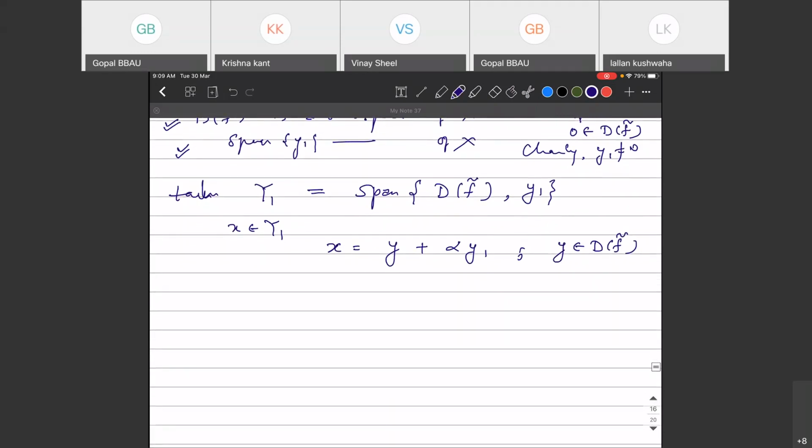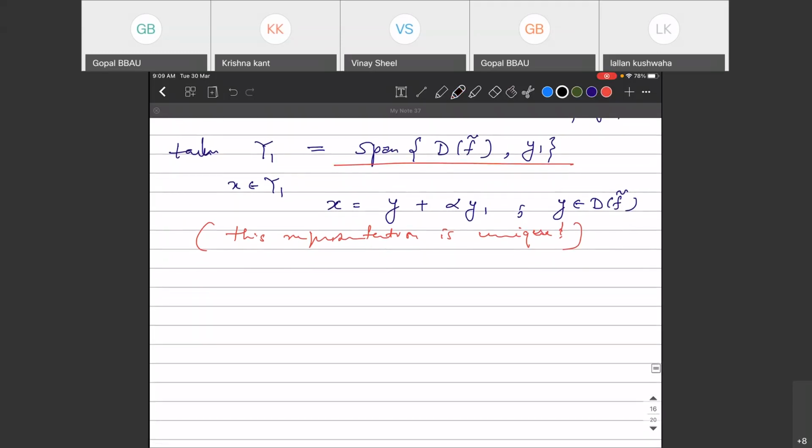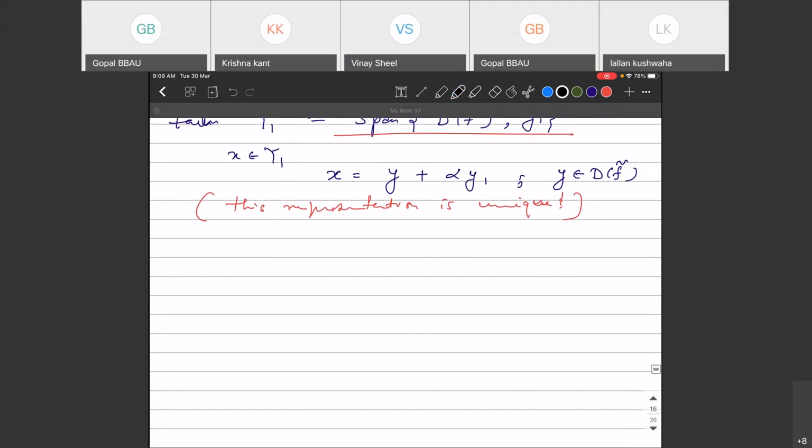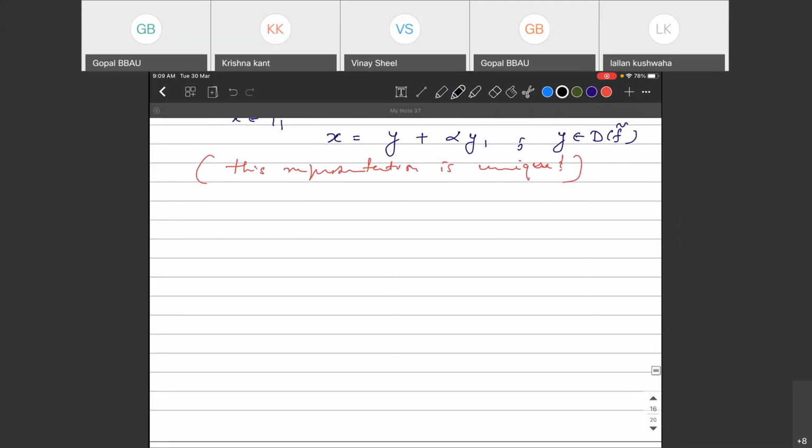Since Y1 is the span of the domain of F tilde and y1, this representation is unique. Okay, in fact you may prove it. It's easy.